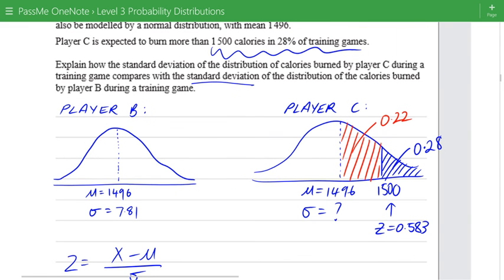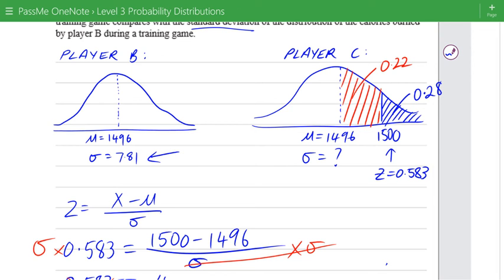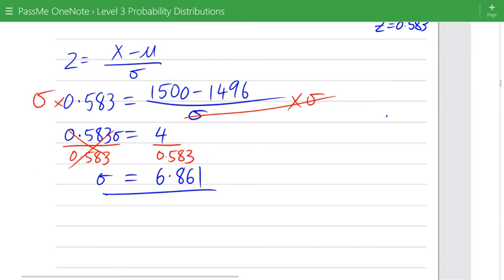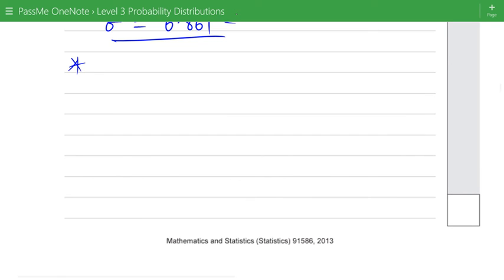Now if we go back to the question, it's asking us to compare the standard deviations. If this is player B's standard deviation and player C's standard deviation is this, we can say that player B has a larger standard deviation. So let's write that down.